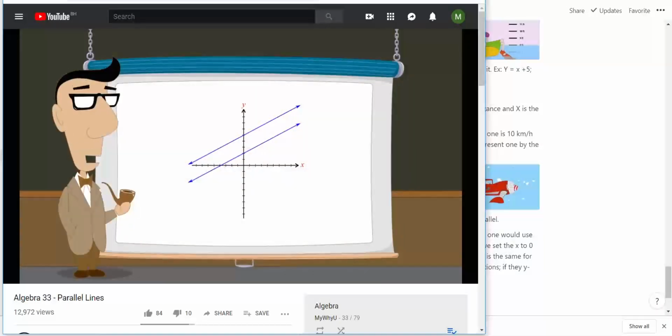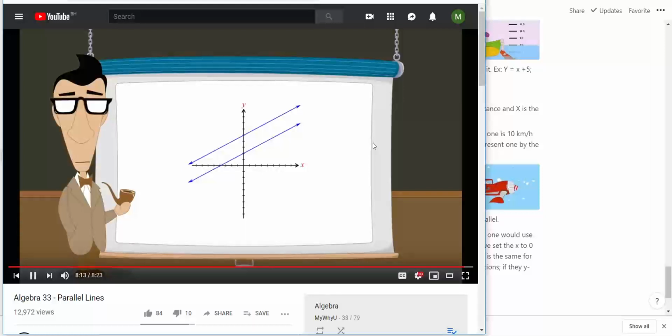In this lecture, we have seen how linear equations can describe parallel lines. In the next lecture, we will see how linear equations can be created which describe perpendicular lines.